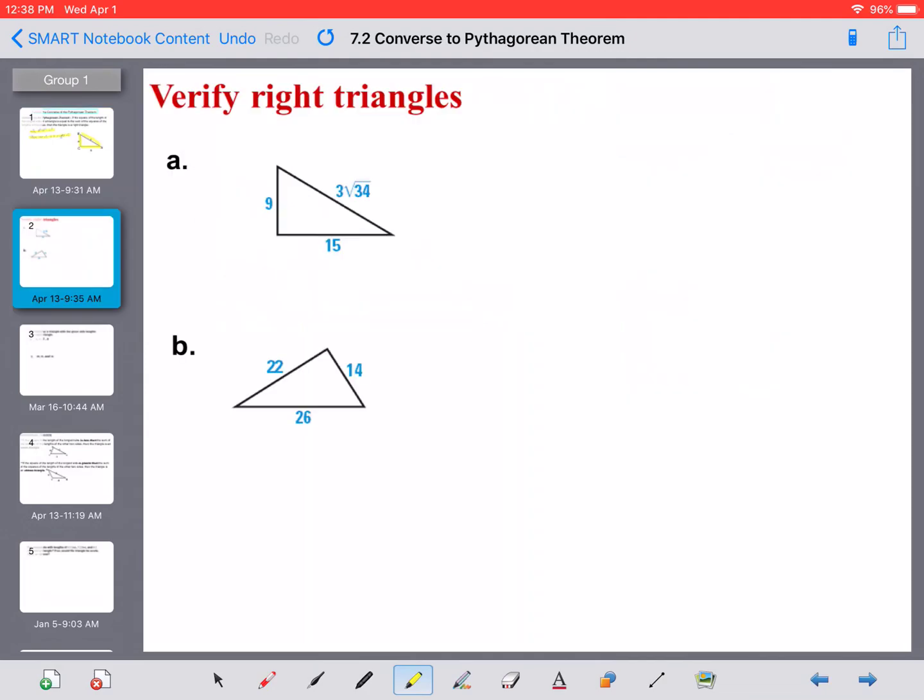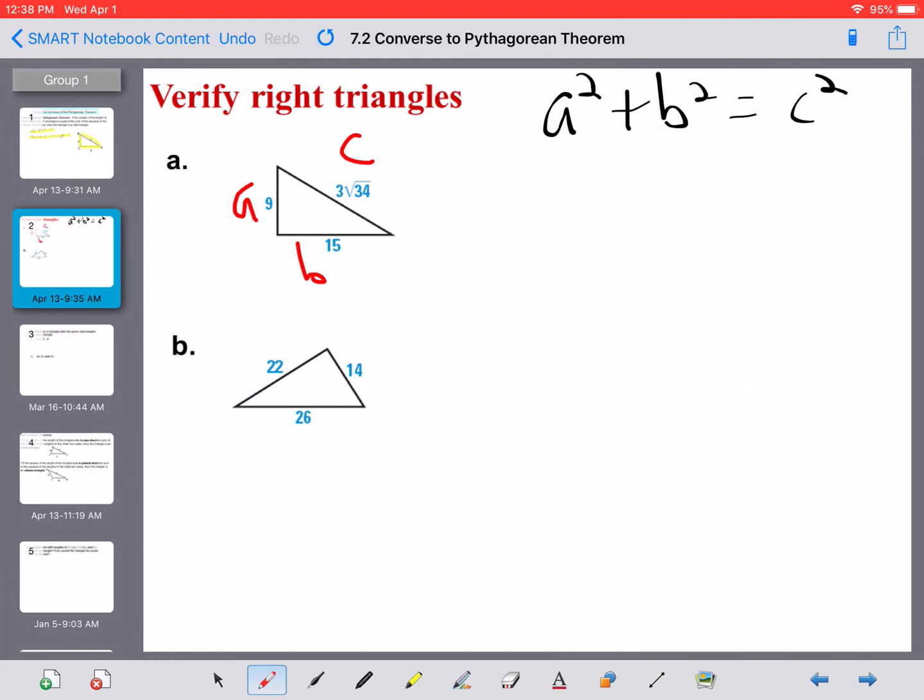In this case, we want to verify that these two triangles are right triangles. So we're going to start by using the Pythagorean theorem, which is a squared plus b squared equals c squared. Now what I'm going to do is label my sides quickly. This is my a, my b, and my c.